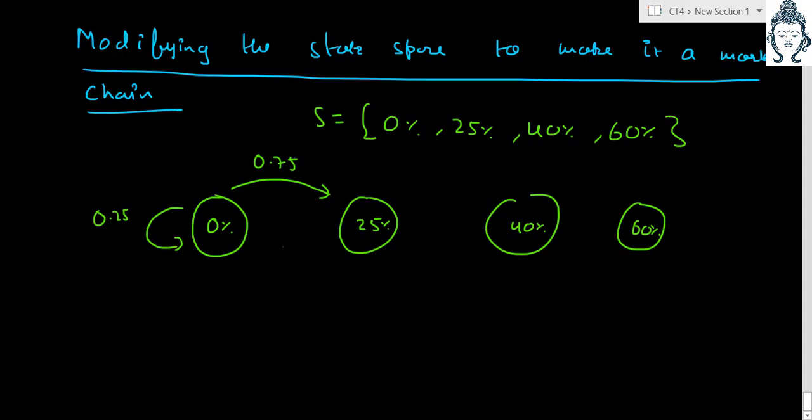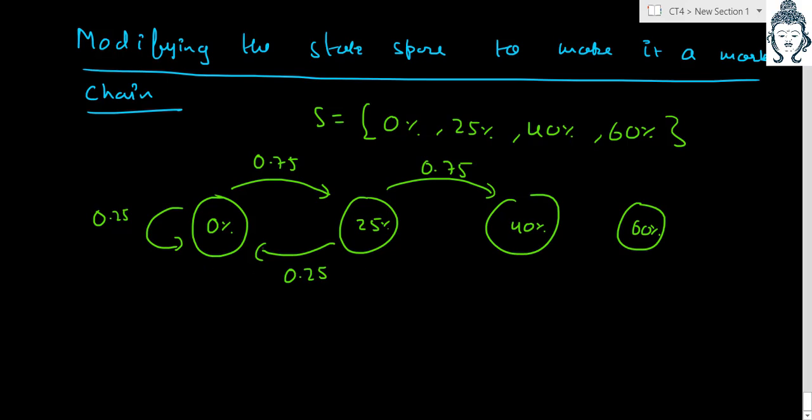At 25% level, if you have a claim, you'll move to 0% level, and if you do not have a claim, you'll move to 40% level. So this is 0.75. This is still fine, because even if you had a claim last year, you can only move to 0% level, and if you did not have a claim last year, you'll move to 40% level, because again there is no scope of moving down 2 levels.